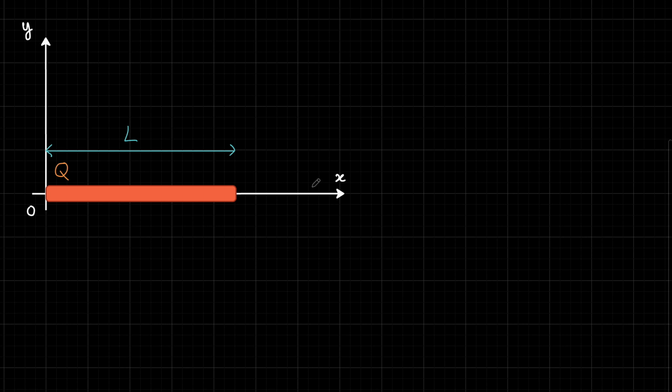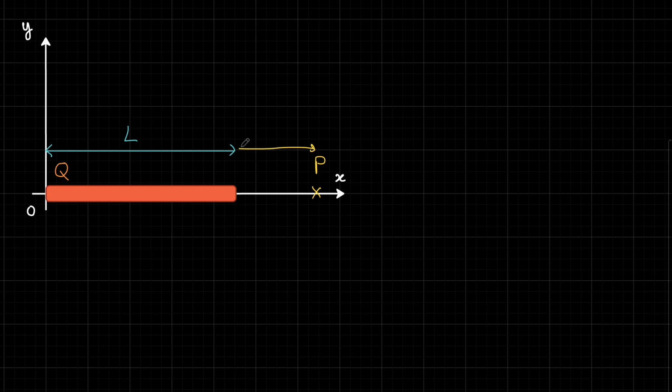Let's start by marking a point P on the x-axis like so. So we'd like to find the electric field created at the point P due to the linear charge distribution. Point P is a random point on the x-axis. Now, of course, point P is at a certain distance from the charge distribution.